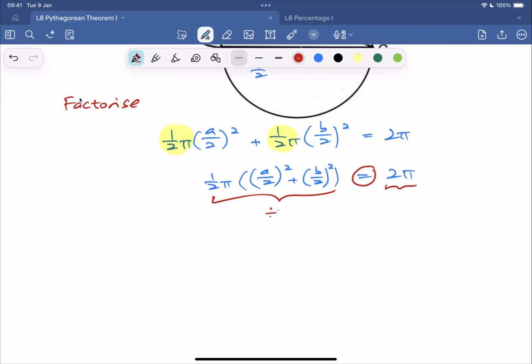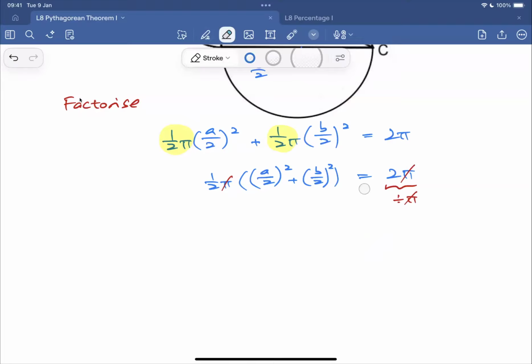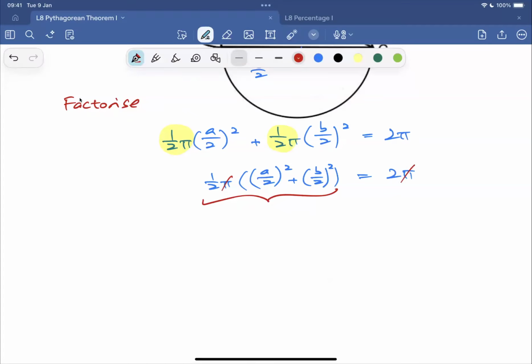So if I divide this by pi, then I must also divide this by pi. Pi divided by pi is 1. So ultimately, it will be cancelled out. Correct. Now, what about half? How should I get rid of half? Times 2. Yes, half times 2 is 1.